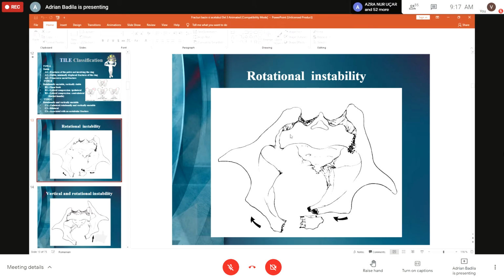But in the back, we have the sacroiliac joint, which is untraumatized. That means that this hemipelvis, the right hemipelvis, can rotate this way, but because these ligaments are intact, this hemipelvis cannot go up and down. That means that this fracture is rotationally unstable, but it's vertically stable because this sacroiliac joint is intact.